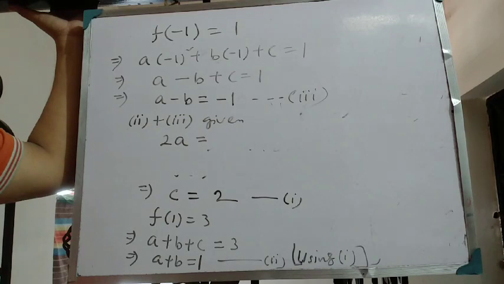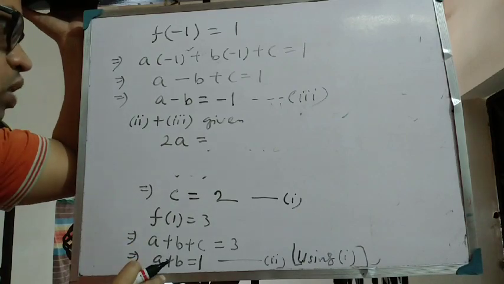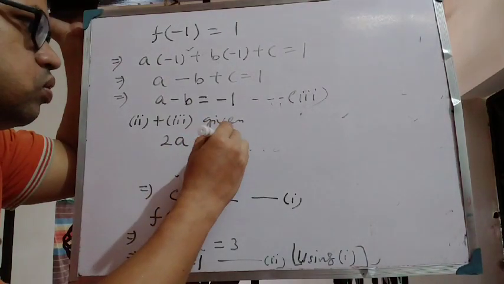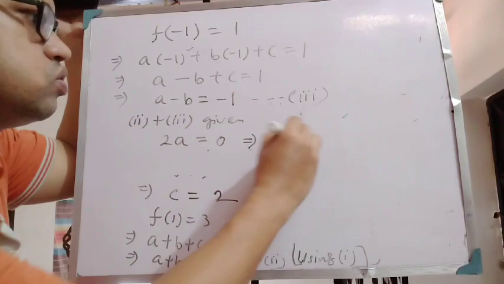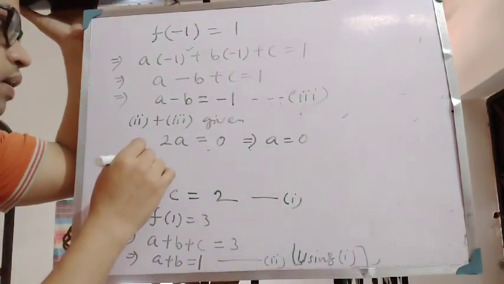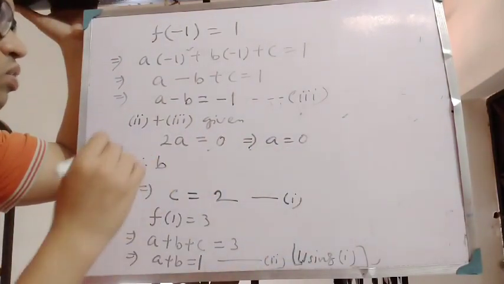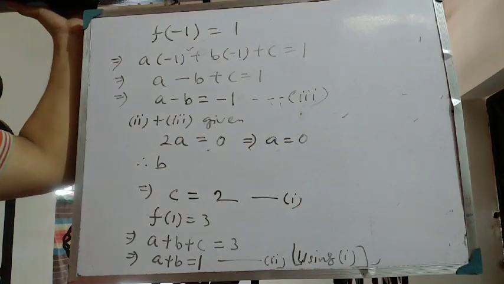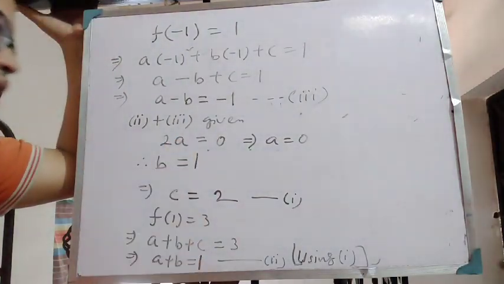Adding 1, 2 and 3, you will get twice a is equal to 0. So from here a equals 0, and therefore b equals 1.